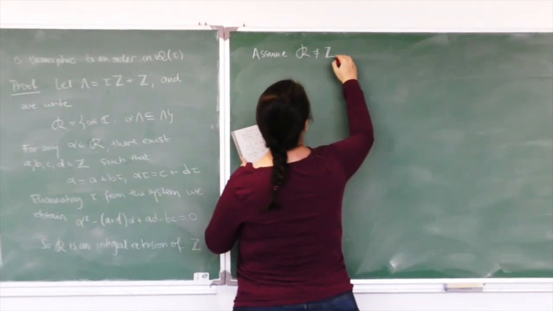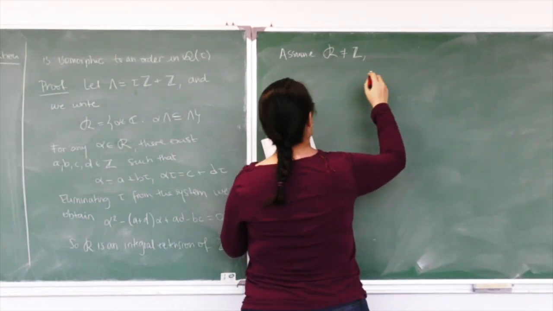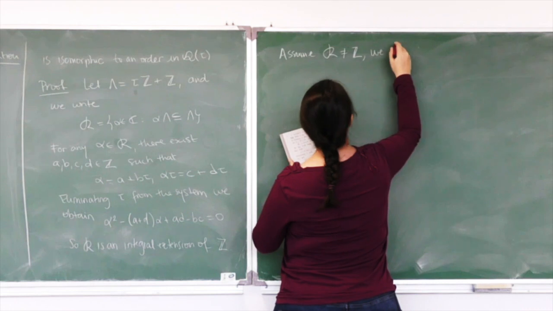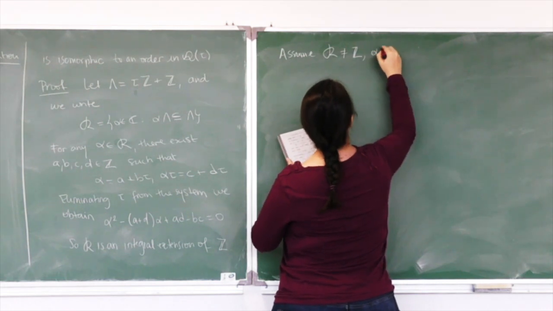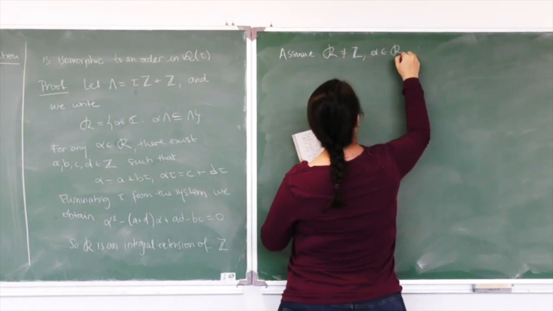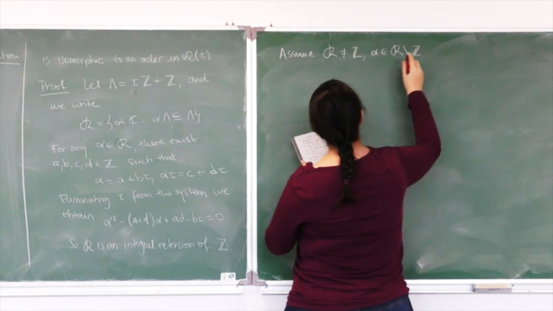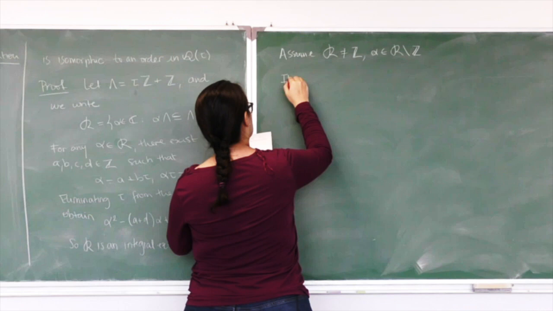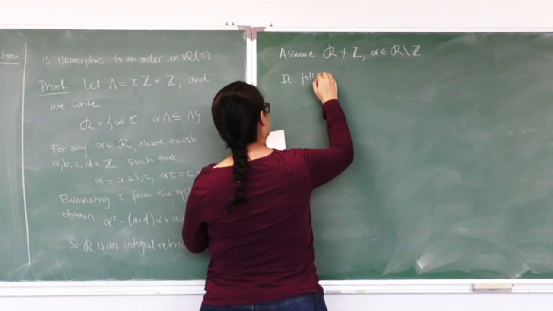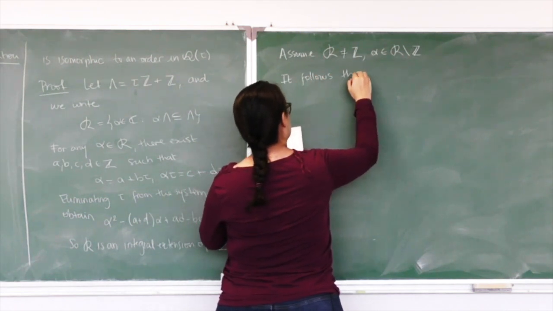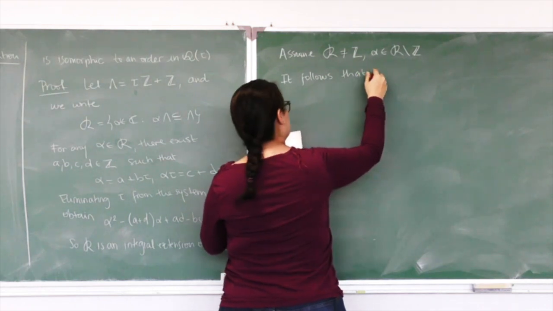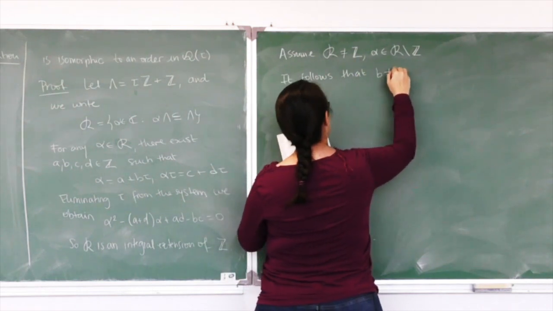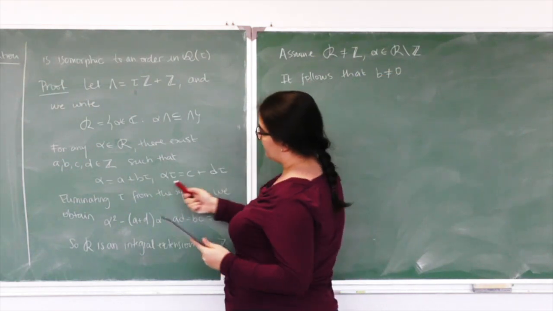Well, first we assume that alpha, we have taken it in R but not in the integers, so it follows that b is different from 0 in the way that we took alpha here.